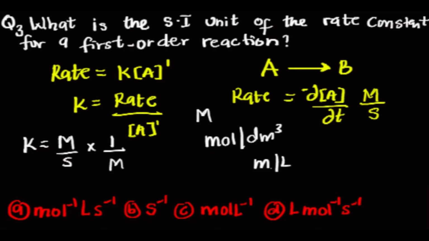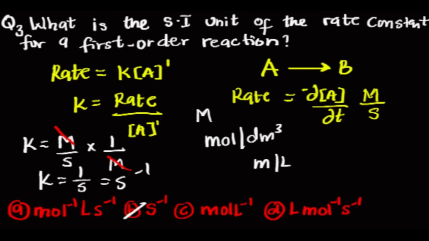That's just for concentration. Now if you look at this very well, the molar here is going to cancel the molar here. Then the final answer that we're going to have is K equals 1 over seconds, which is the same thing as per seconds, and that's B.